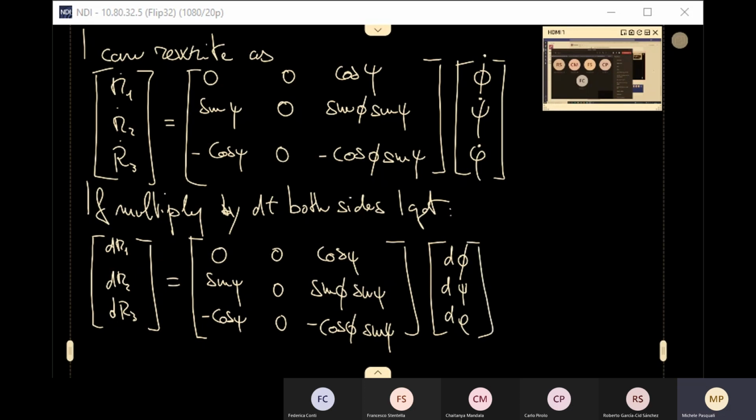Okay, so you see the variation of the parameters do influence the variation of the position R1, R2, R3. So I'm imposing, yep.